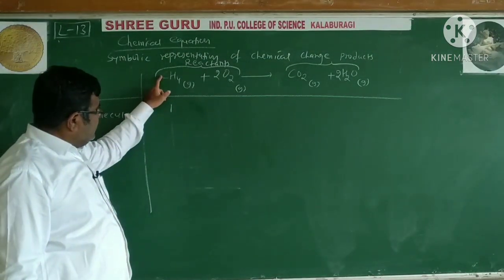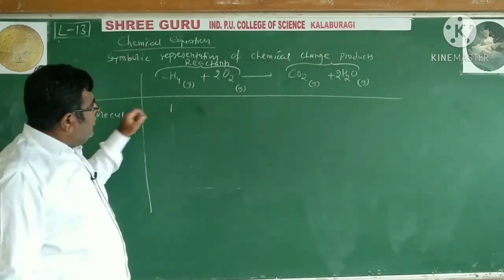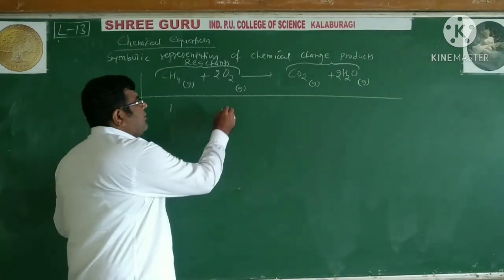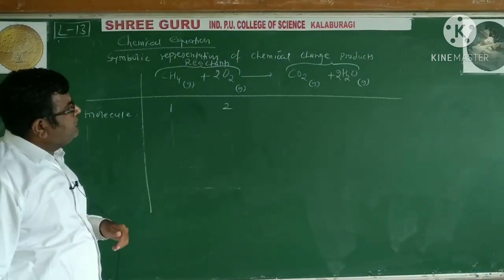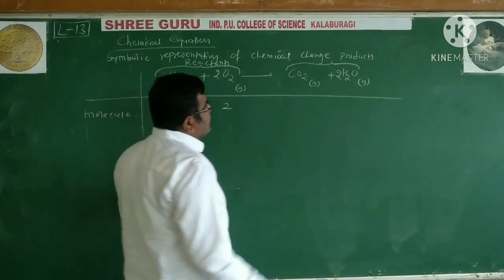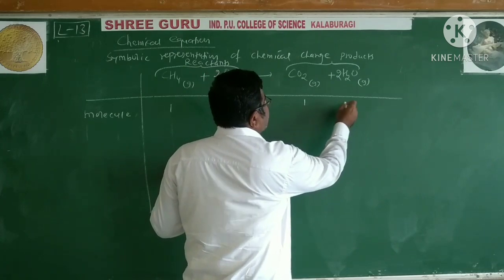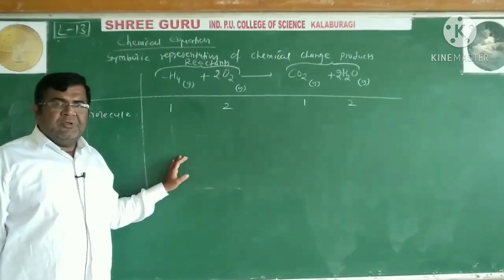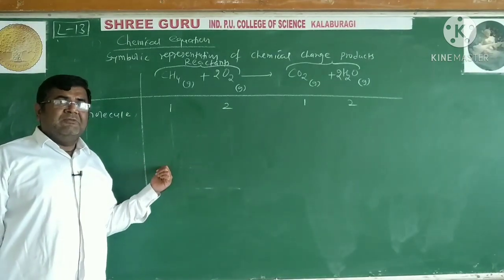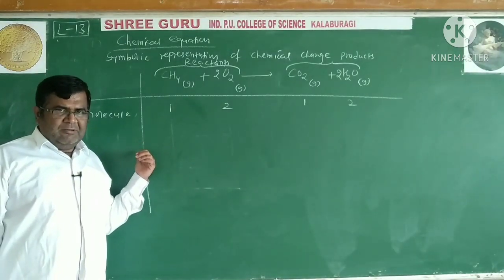Because nothing is written here, means one. One molecule of methane reacts with 2 molecules of oxygen and it forms 1 molecule of carbon dioxide and 2 molecules of H2O. This is the first type of inference we can draw from this equation.